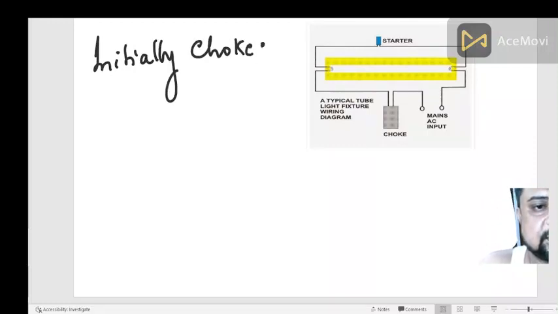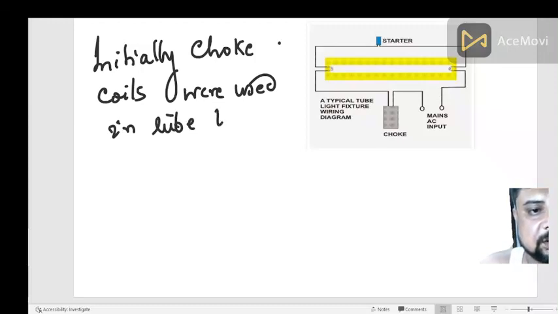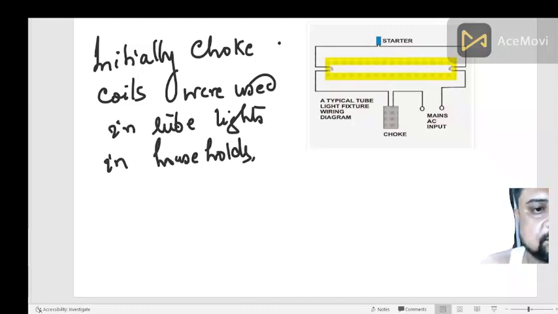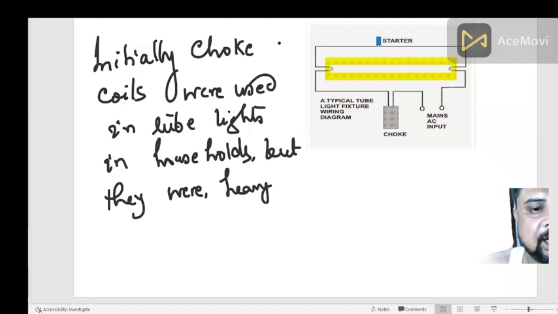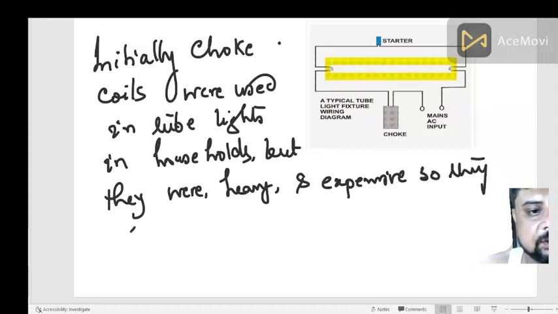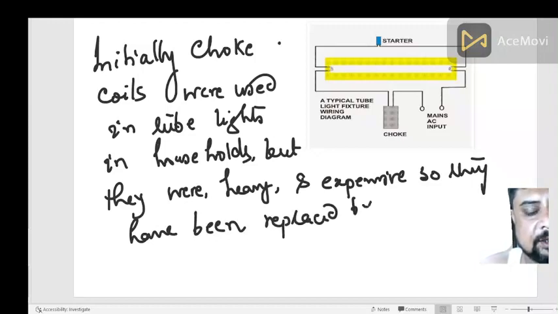Initially, choke coils were used in tube lights in households, but they were heavy and expensive, so they have been removed, or you can better say replaced, by solid state devices.